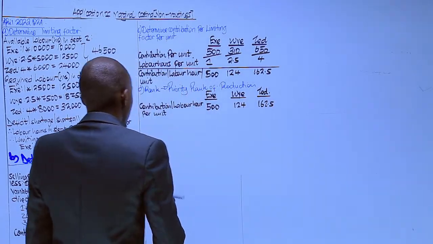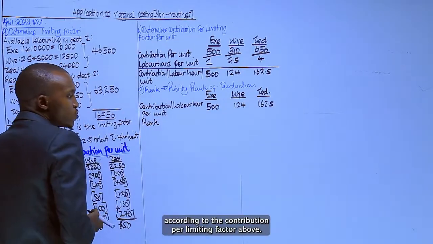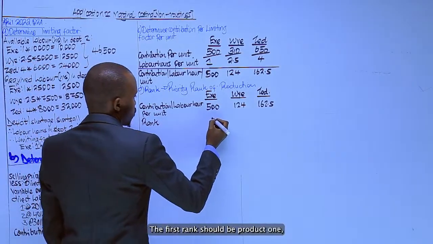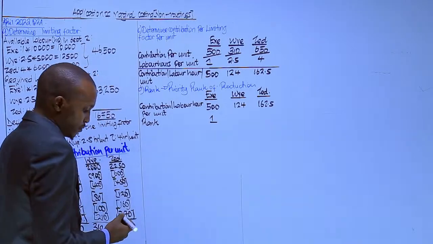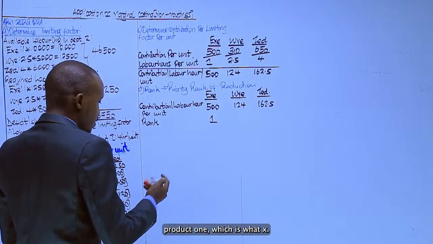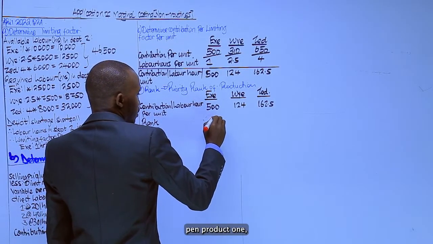Z. Then you do what? Rank. According to the contribution per limiting factor above, the first rank should be product 1. Product 1, which is what? X. Let me write that using a different color pen. Product 1.